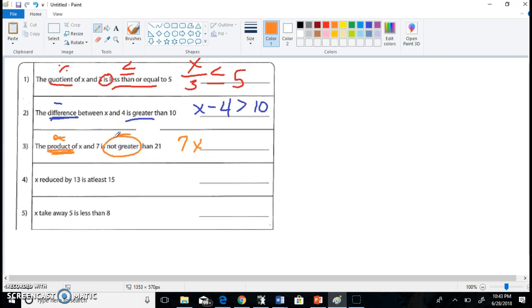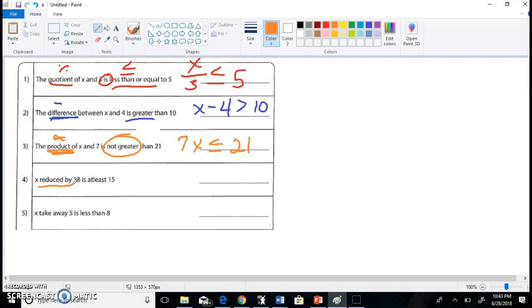So if it's not greater, then it's either less than or equal to. Not greater, that's called a complement, something we'll talk about more in chapter 4. It's kind of like the opposite of greater. The negation of not greater would be less than or equal to.